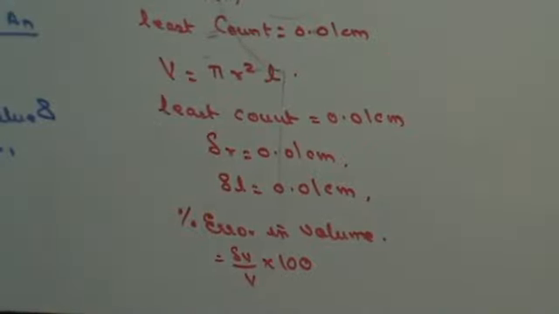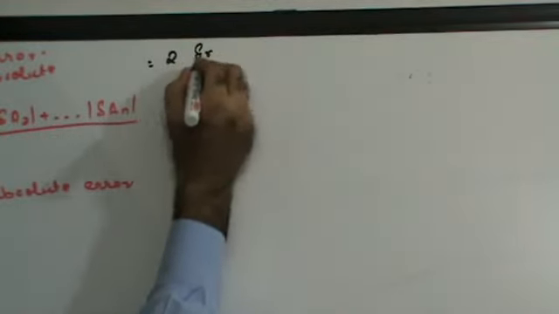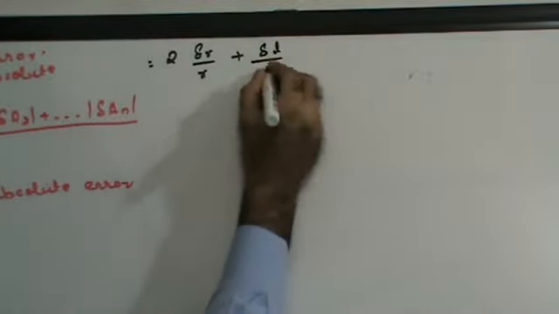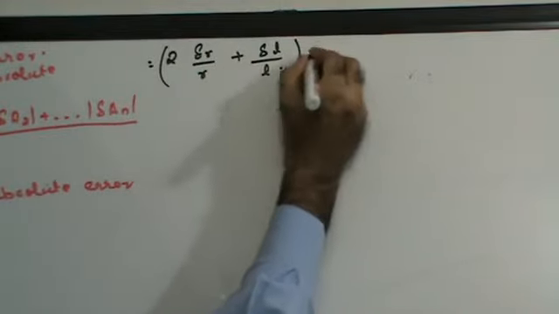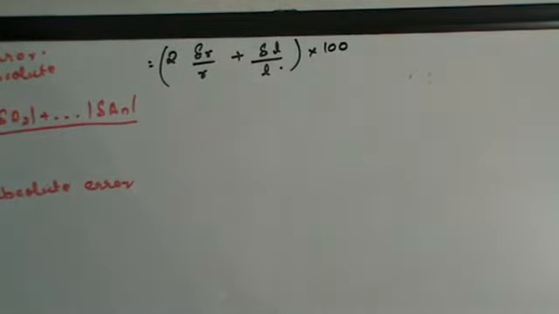Therefore, I can say that this can be written as, I'm going to measure the radius twice, so 2, error in radius upon radius. That will give you the total error that I will get when I measure the radius twice. Plus, I'm going to measure length, so length is going to be error in length upon length. To convert this into percentage will be into 100.